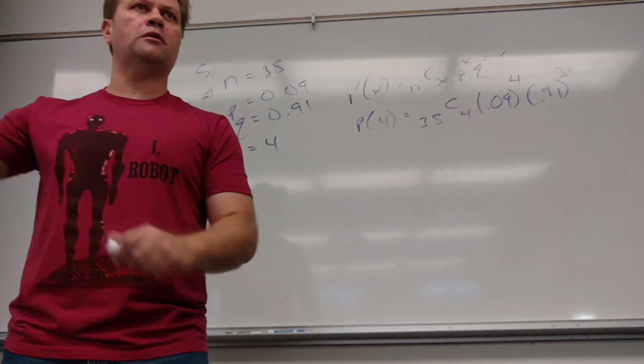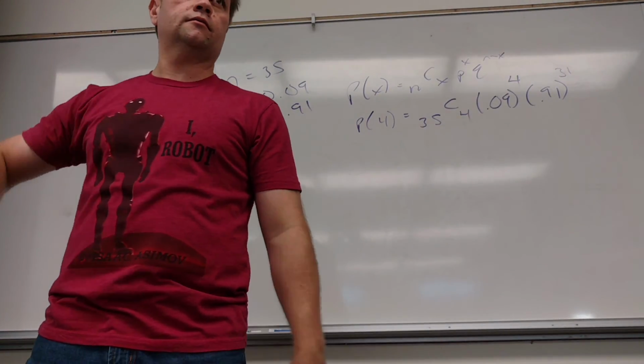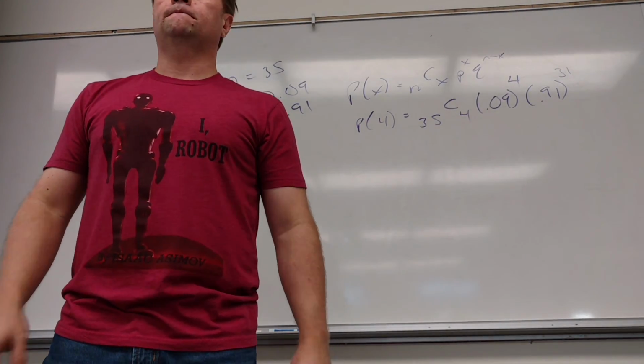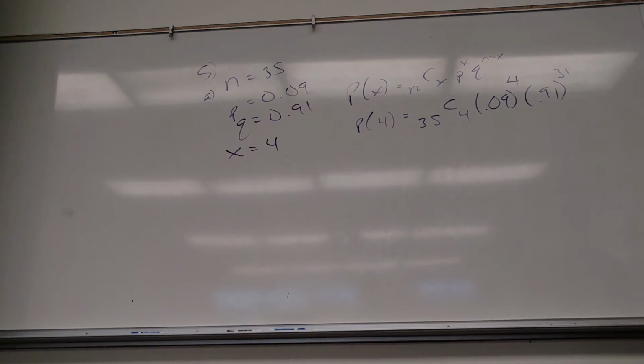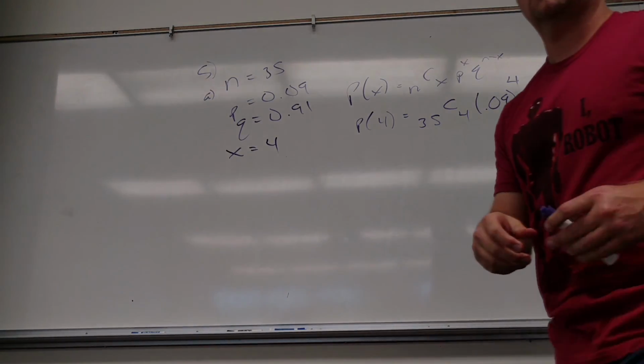CDF is cumulative. It's going to add everything up to that point. PDF is particular. If you want exactly 4 successes, you have to use PDF. 0.184 something.